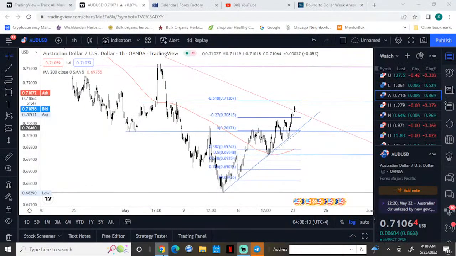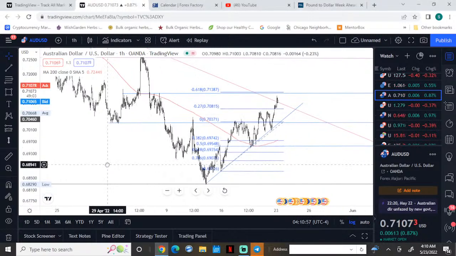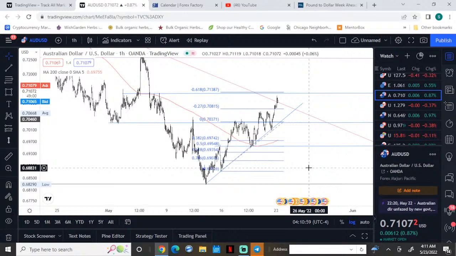I had to reposition, get to a more comfortable space.